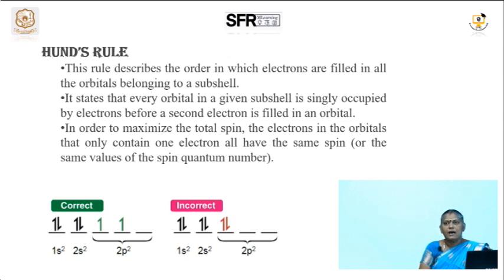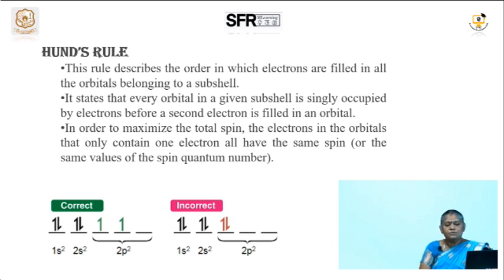In order to maximize the total spin, the electrons in the orbitals that only contain one electron all have the same spin. Say for example, the diagram given below describes the electronic configuration with 6 electrons.